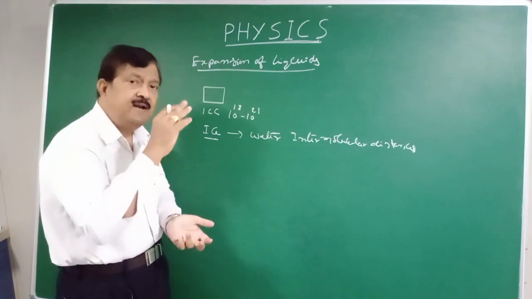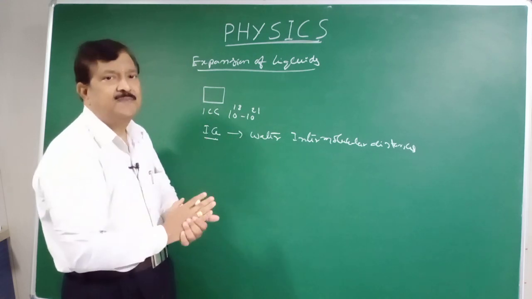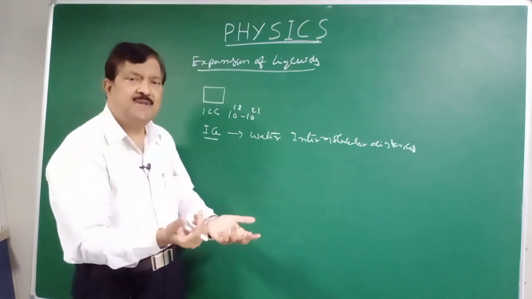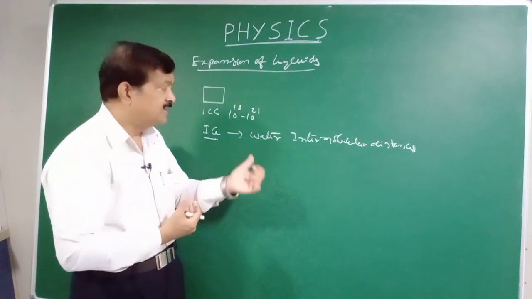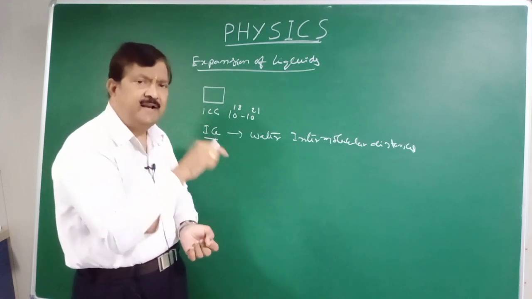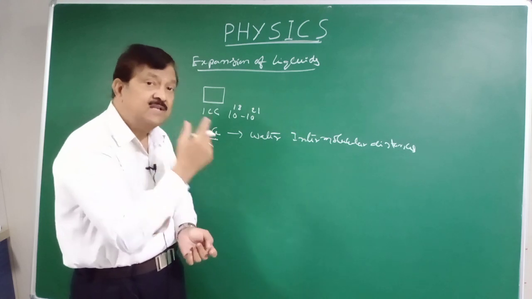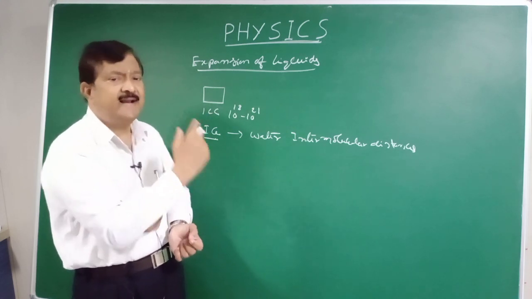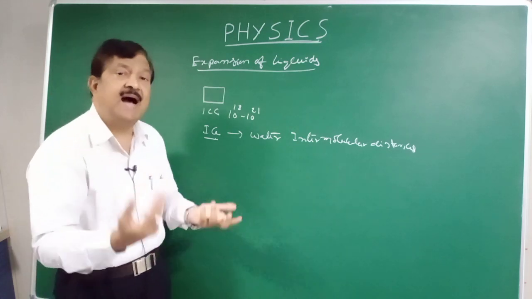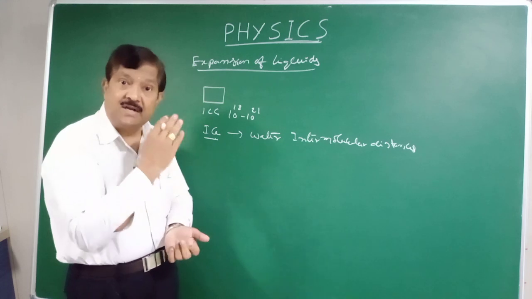Whatever the container in which it is contained, it will have the same shape. If the container is cylindrical, the water will have the cylindrical structure. If the container is spherical, the water will have the spherical structure. Like that, whatever container the liquid is present in, the liquid will have the same shape. So very clearly, in case of liquid state, length, breadth, height practically don't have any meaning because they are not constants.